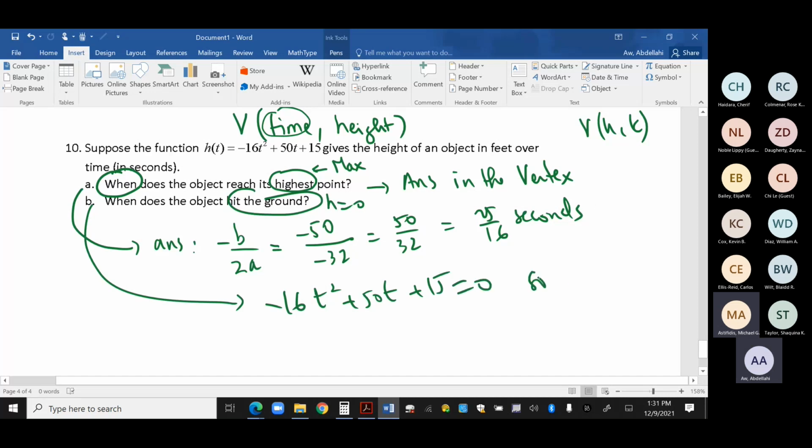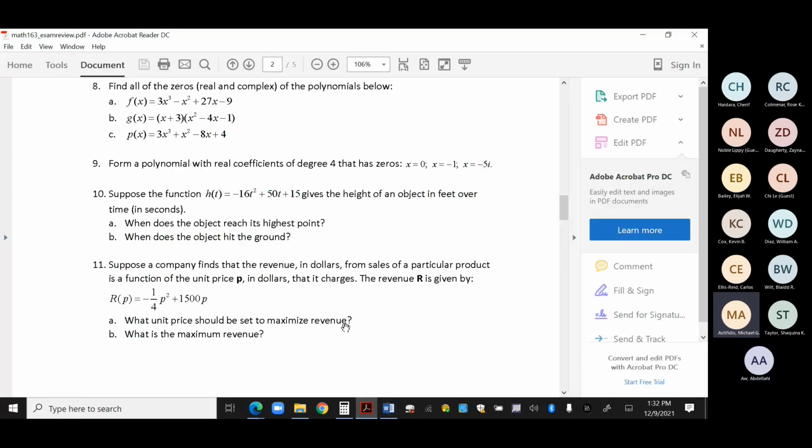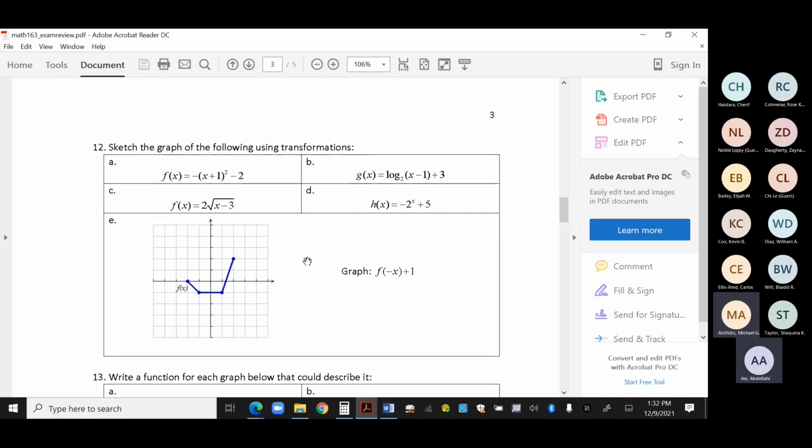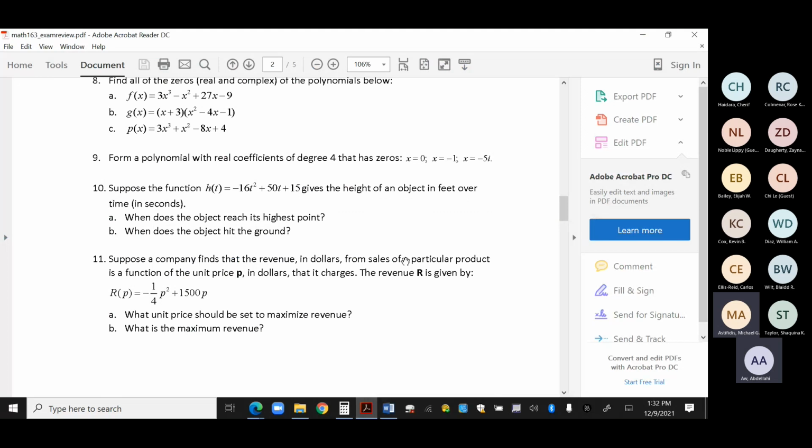We solve it, and the answer will be only the positive number, right? Remember, t should be greater than 0, right? In case you have these types of word problems, this is the same thing, a quadratic function, etc.